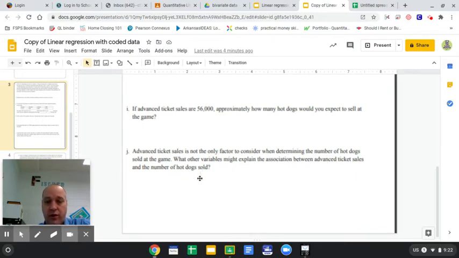What other variables might explain the association between advanced ticket sales and the number of hot dogs? So what else could make the hot dogs go up? It could be maybe a game that is going through dinner time, so therefore more people are going to want a hot dog. It could be hot dog night where all hot dogs are 50 cents or something like that.